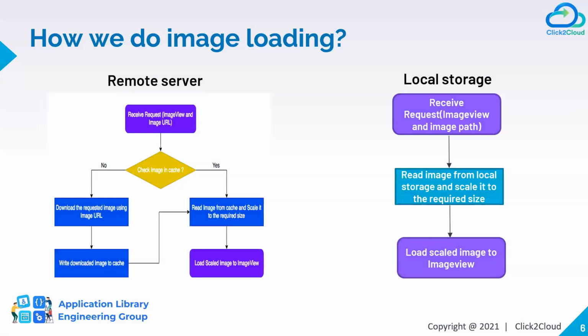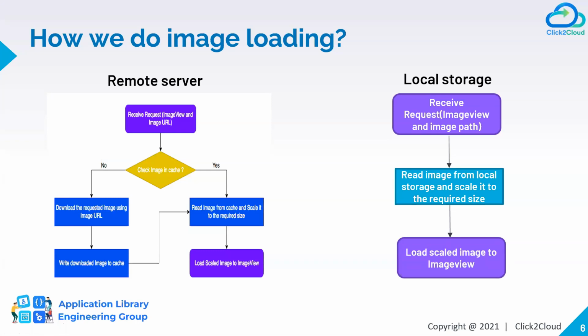So here is the workflow diagram of image loading. There are two approaches: one is remote server and the second one is local storage. Whenever we receive a request to load an image from a remote server, first we check whether the image is present in cache or not. If it's present in cache, we read that image from cache, scale it to the required size and then load it to the image view.